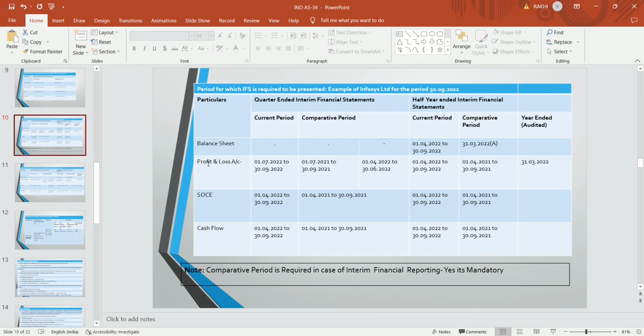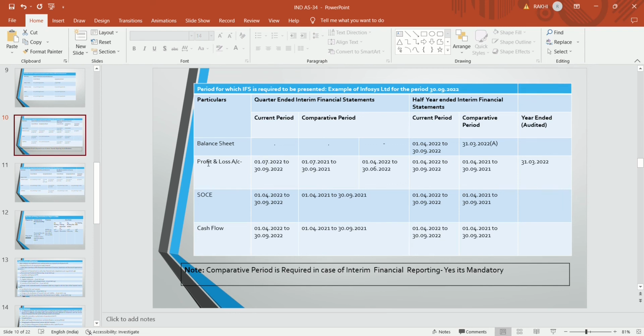The current quarter will be from 1st July 2022 to 30th September 2022, and the comparative figure will be the last year's same quarter, from 1st July 2021 to 30th September 2021. A comparative figure is also given for the previous quarter of the current year, 1st April 2022 to 30th June 2022.